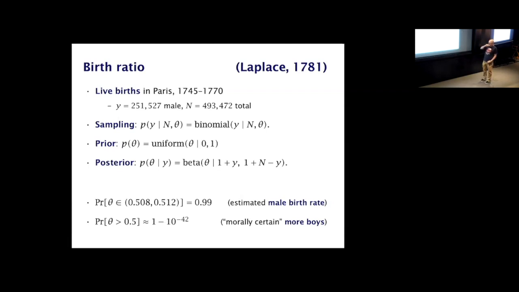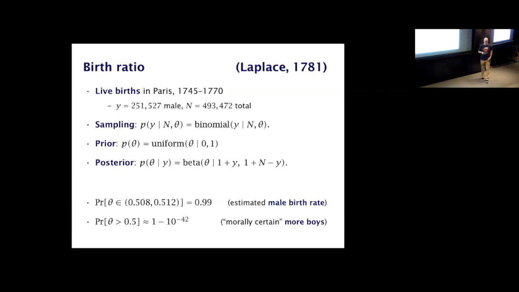The way we like to talk about reports in Bayesian statistics is not with an estimate, not to say, well, my estimate of theta is 51%. But rather to phrase things probabilistically, right? You can say the probability that theta falls between 0.508 and 0.512, like 51.2%, is 99%.